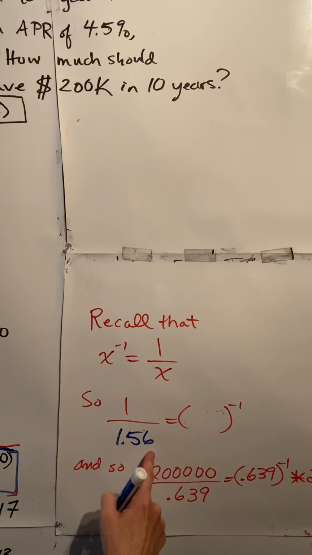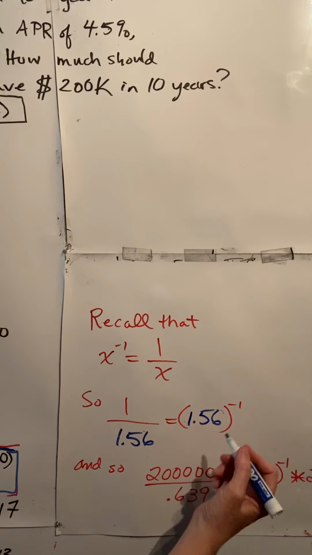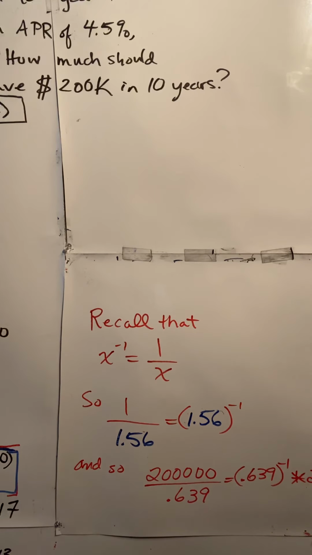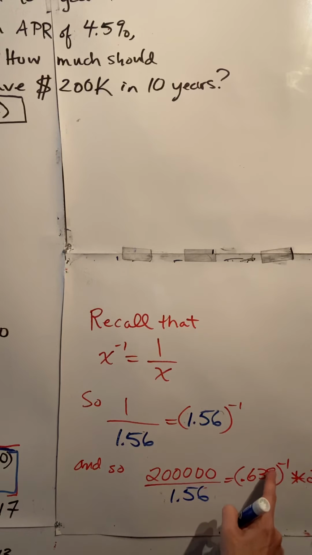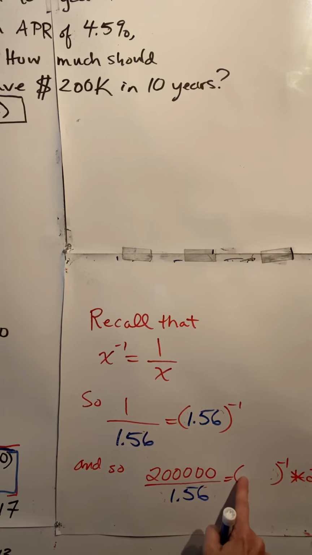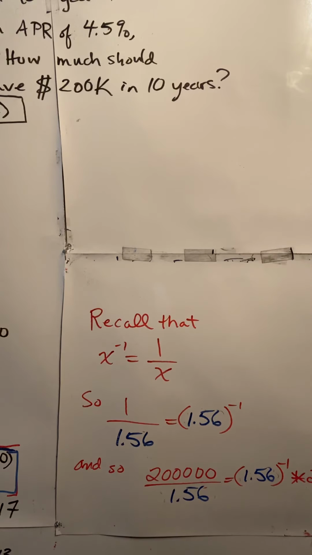So 1.56 being in the denominator is the same thing as 1.56 being in the numerator, but with a -1 exponent on it. So if I have 200,000 over approximately 1.56, that's the same thing as bringing that 1.56 up here with a -1 power and multiplying it by 200,000.